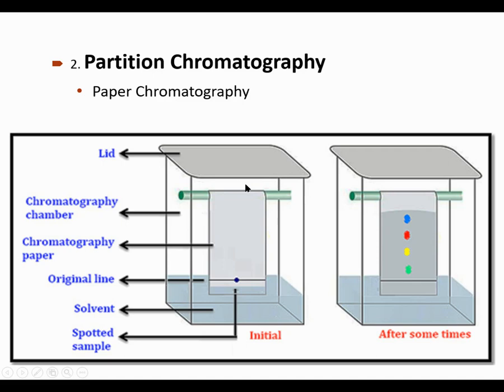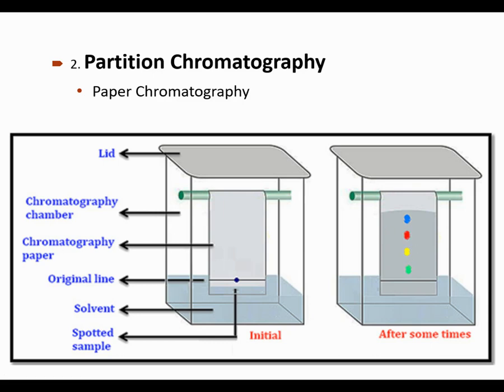Let the solvent go up into the chromatography paper. After 1 hour, you go back to the sample and you will notice that your solvent line has already reached almost the top. And then you will notice some of the components of the sample are separated into its base components.